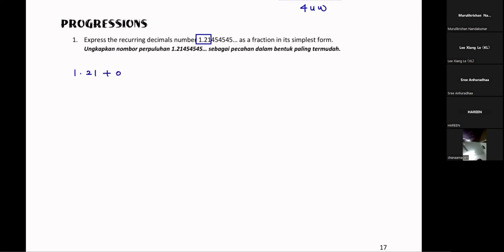Kalau you keluar 1.21 tengok ni. You tinggal apa tau? 0.0045. Nah, ini dia. Nampak tak? That means the 1.21 you sudah keluarkan dia. 1.21 sudah keluar. And this one is a progression. Faham? So what progression is this?